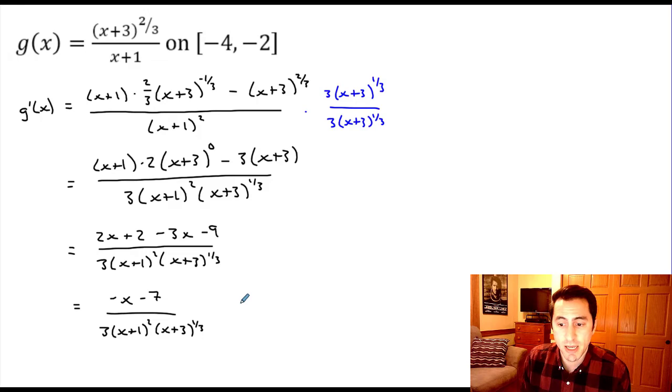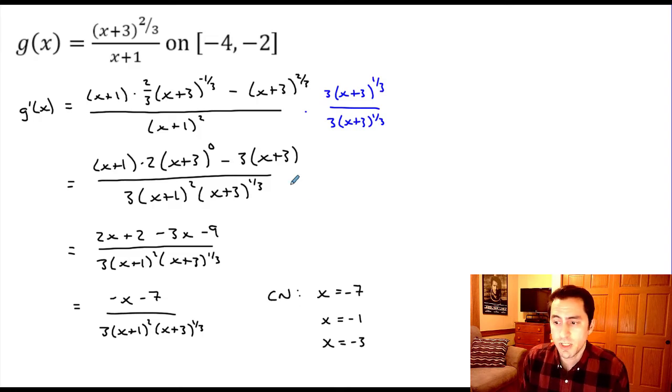If I take -x - 7, set that equal to 0, I'm going to end up with a critical number at x = -7. In the denominator, any value of x that would make the denominator 0 is going to make this derivative undefined. So that's going to give me x = -1 and x = -3. Now let's take a look at these critical numbers a little bit.